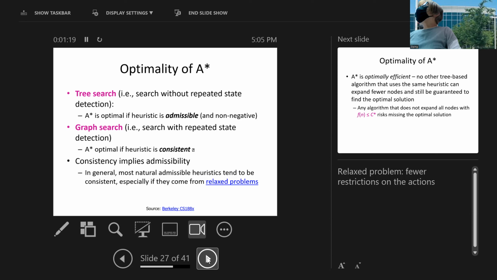Why do we call it informed? It gives you some information about the goal state. Compare with uninformed search, where you have no idea about the goal state. Think about breadth first search, depth first search, iterative deepening search, uniform cost search, Dijkstra's algorithm: with those, you have no idea about the goal state.